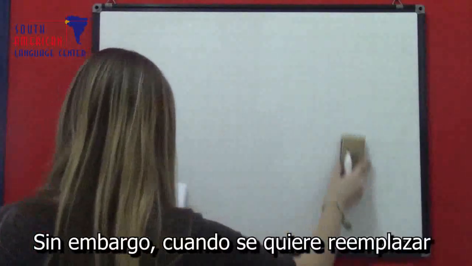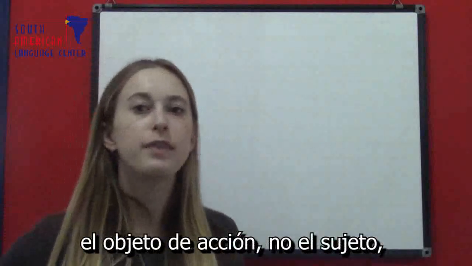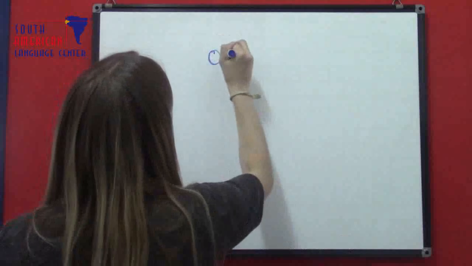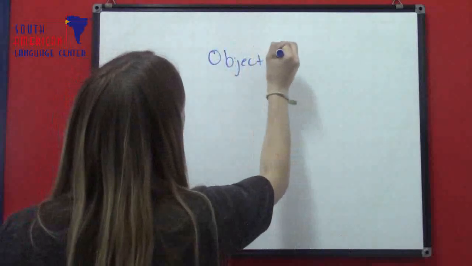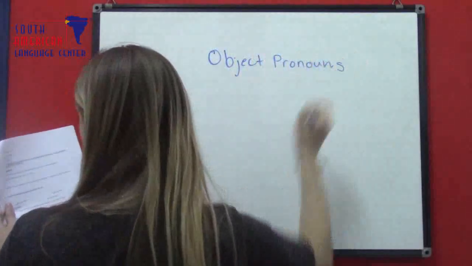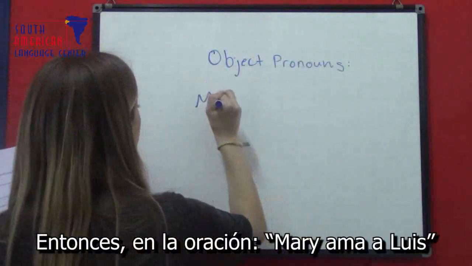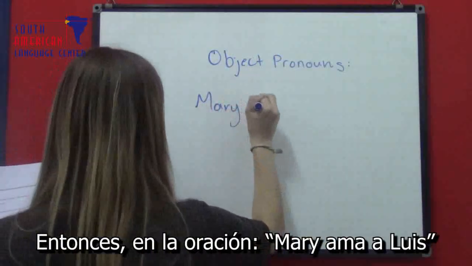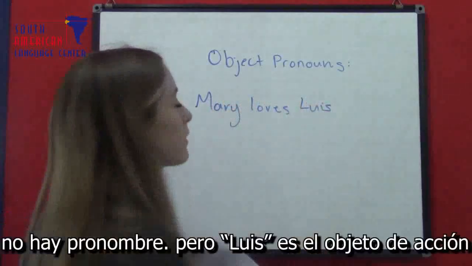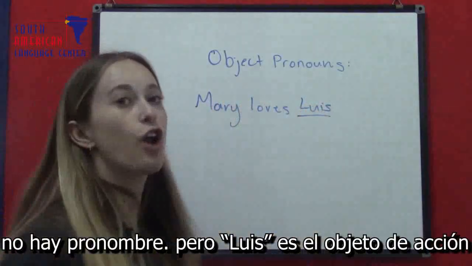However, when we want to replace the action object, not the subject, we use object pronouns. So, in the sentence, Mary loves Louise, there is no pronoun, but Louise is the action object.